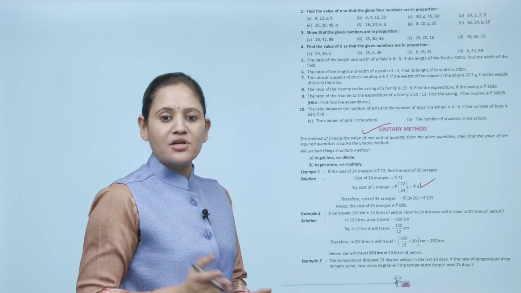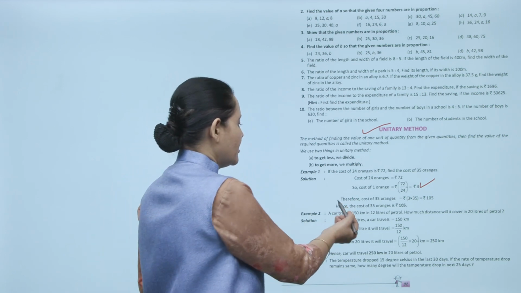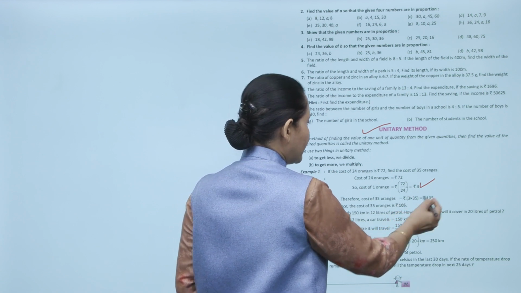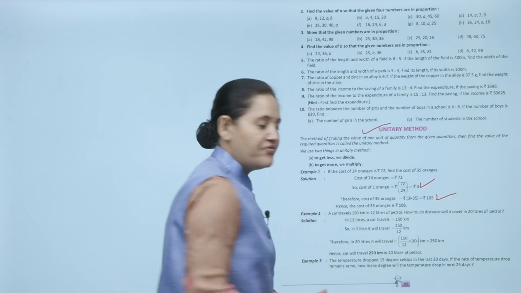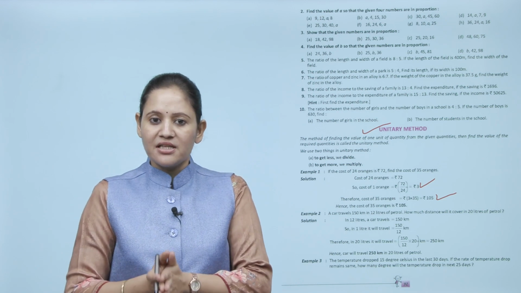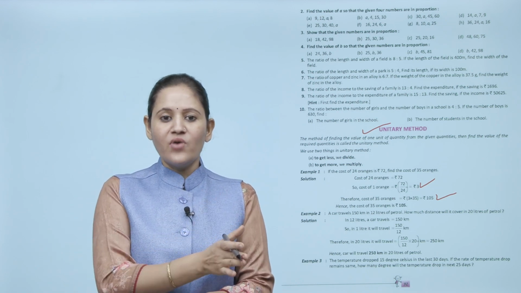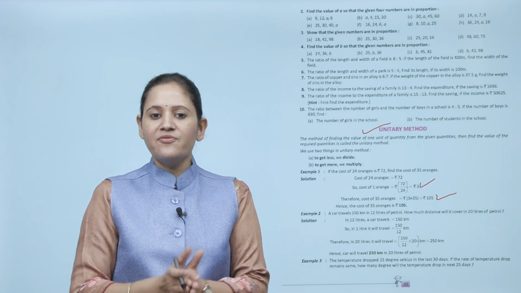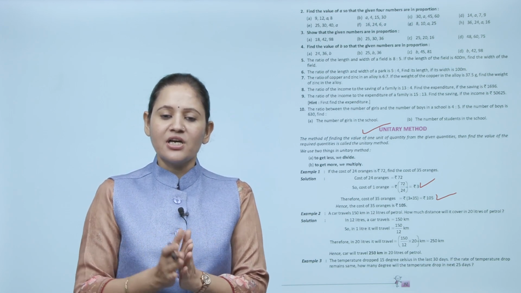Now we have to find out the cost of 35 oranges. So the cost of 35 oranges equals 3 into 35, that is rupees 105. So this is the unitary method. First we find the cost of one quantity and then जिसकी भी हमें find out करनी है उससे हम multiply कर देंगे.